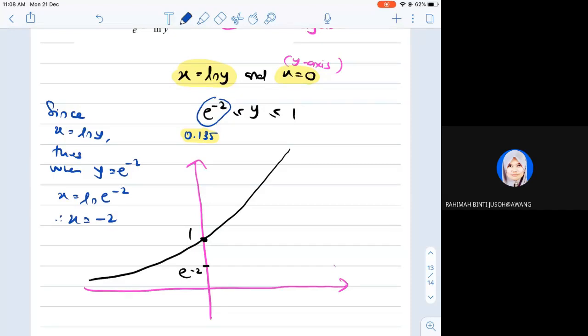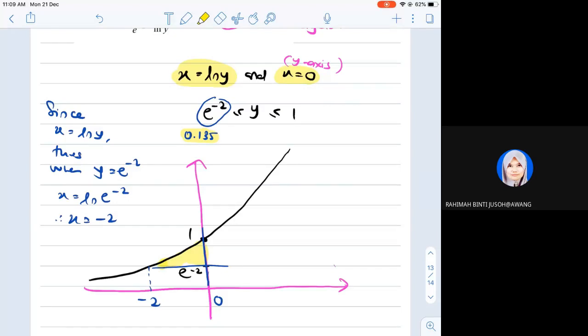So we will have somewhere here, negative 2. And then x equals to 0 is here. So we have this region. Right?